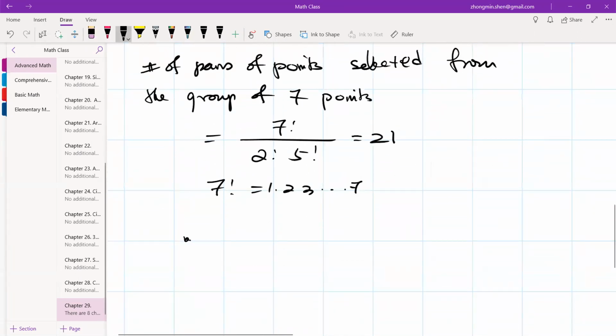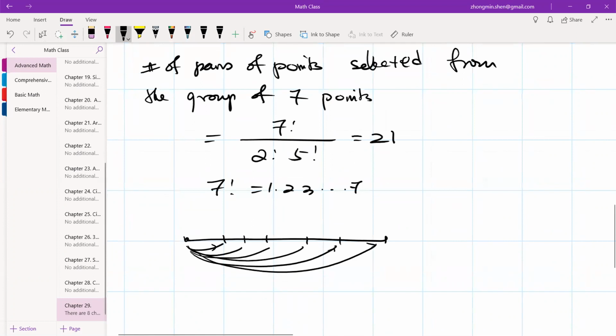If there are not many points, then it's easy to do. 1, 2, 3, 4, 5. Here we just directly count the pairs. That's the first run, which is 6 pairs.